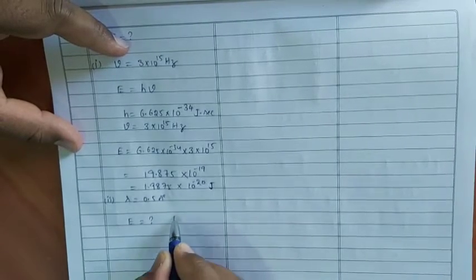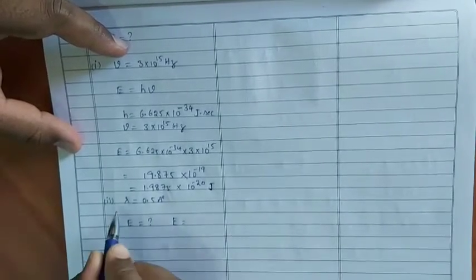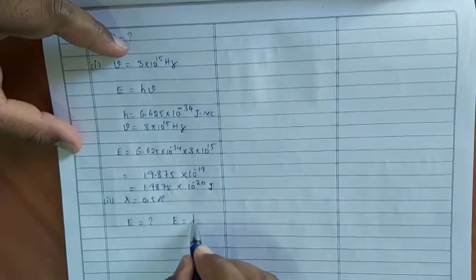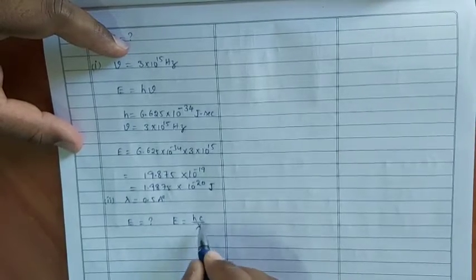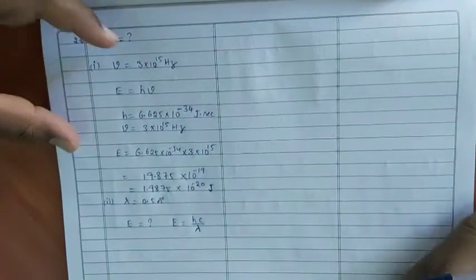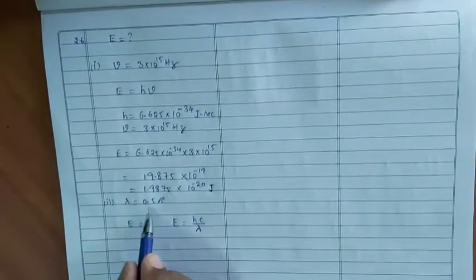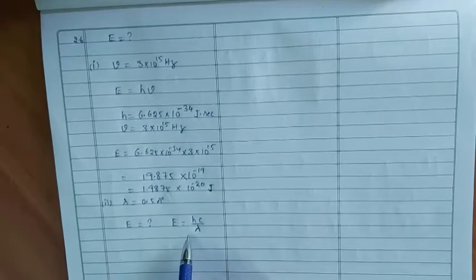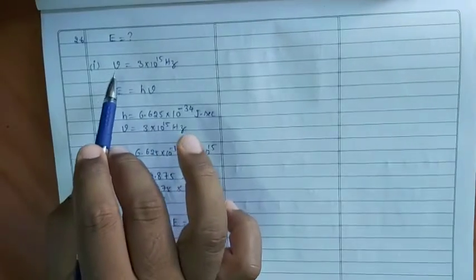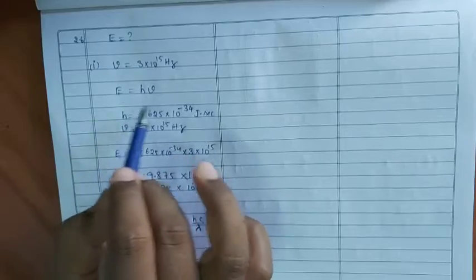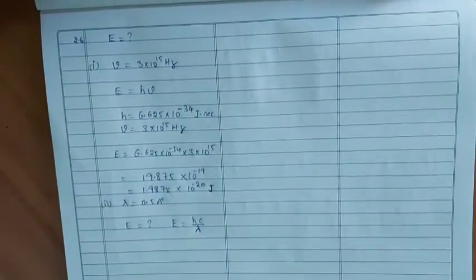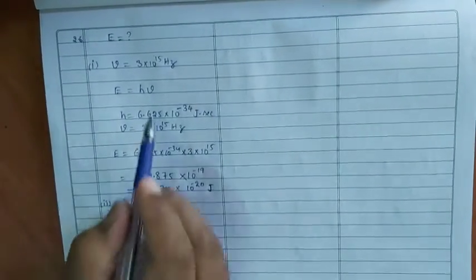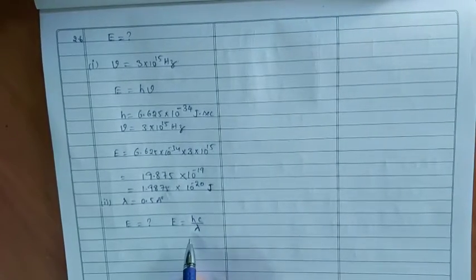Formula of E. When they gave lambda, we have to write the formula E is equal to hc by lambda. They gave the lambda value, na? Then the formula related to energy is E is equal to hc by lambda. If they give nu value, E is equal to h nu. That is the thing you have to remember. Nu is equal to c by lambda, na? So immediately I wrote hc by lambda.